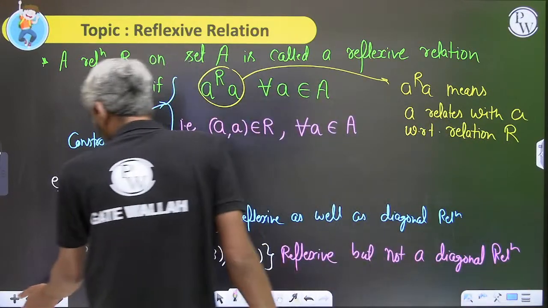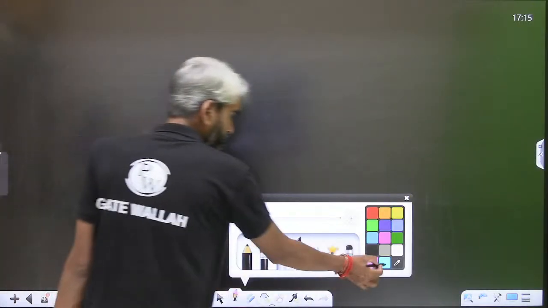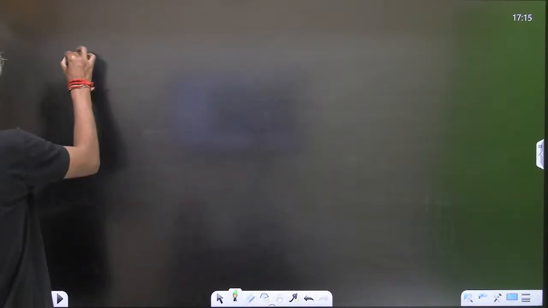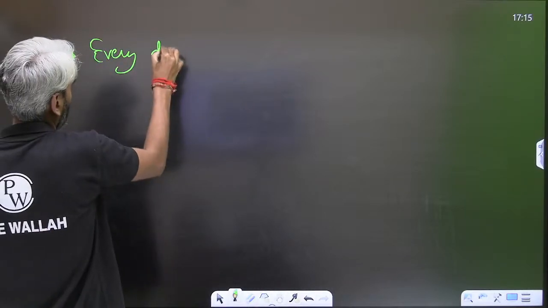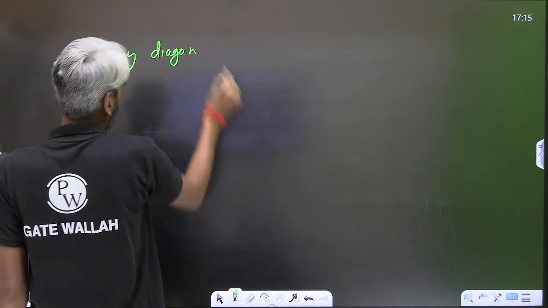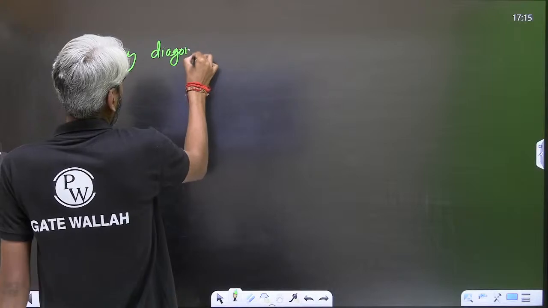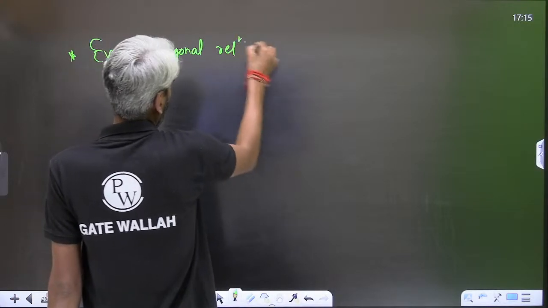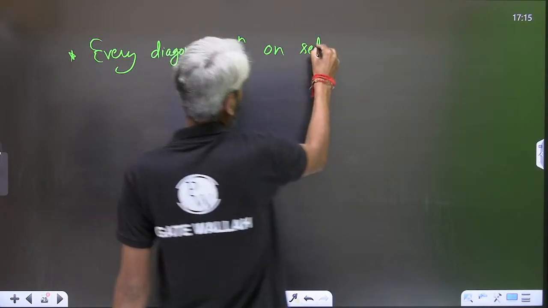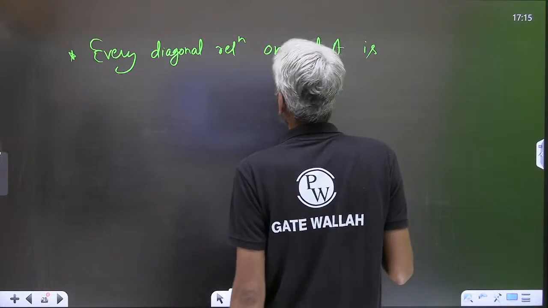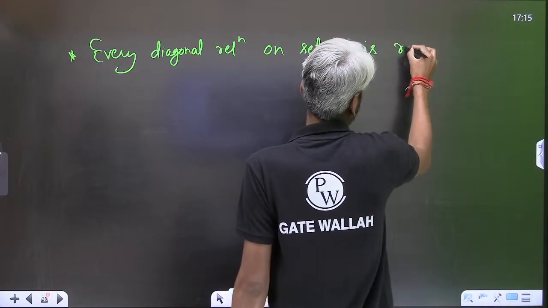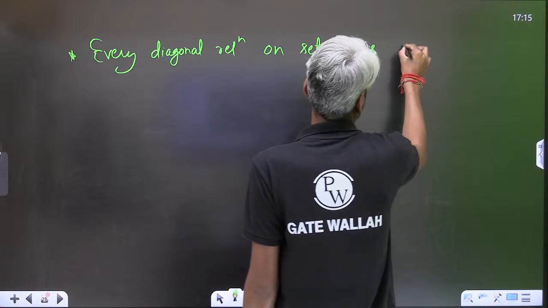Can I say every diagonal relation on set A is a reflexive relation on set A?